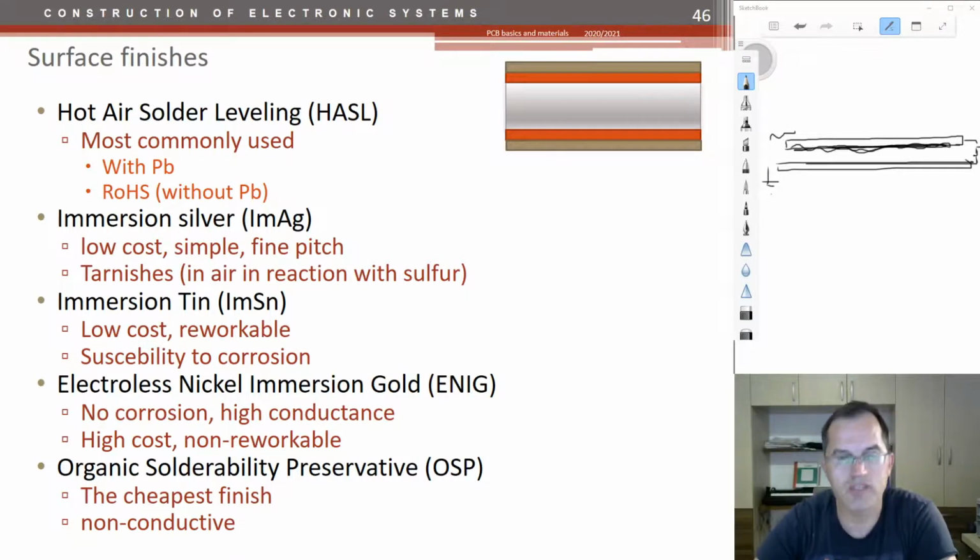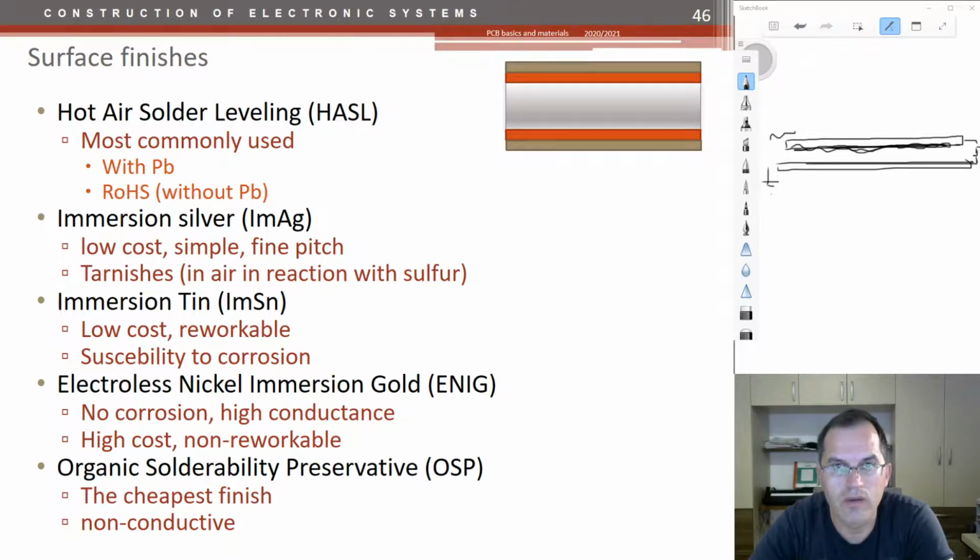So the most commonly used is so-called hot air solder leveling, abbreviated HASL, and you can have it with lead or without lead. Of course, 99% of electronics is now without lead, and therefore this would be the most common choice.